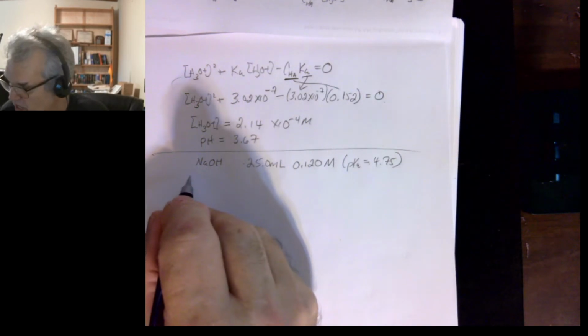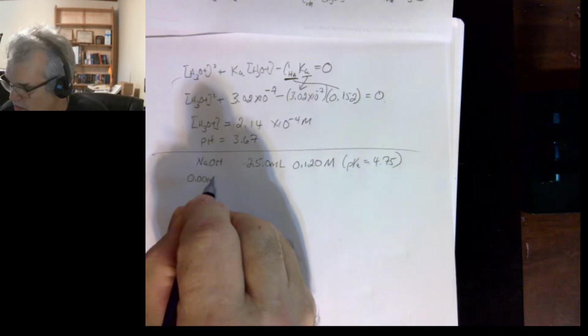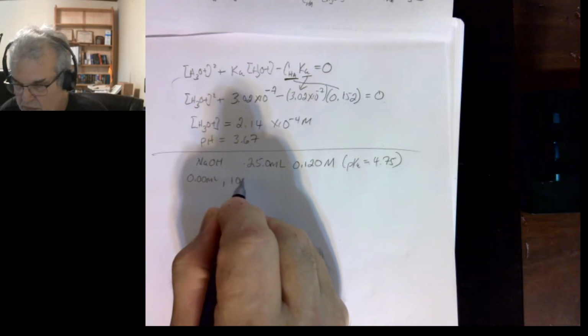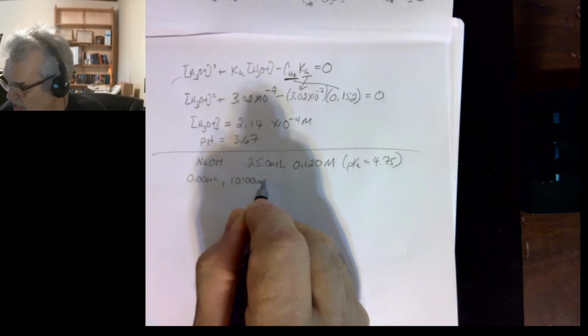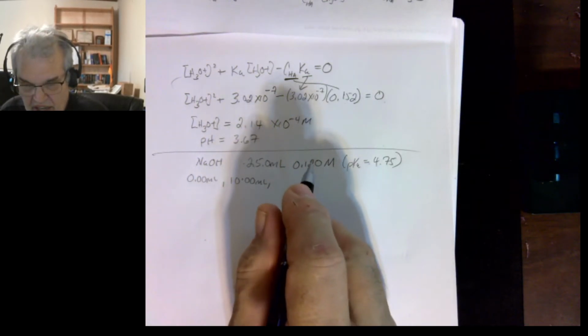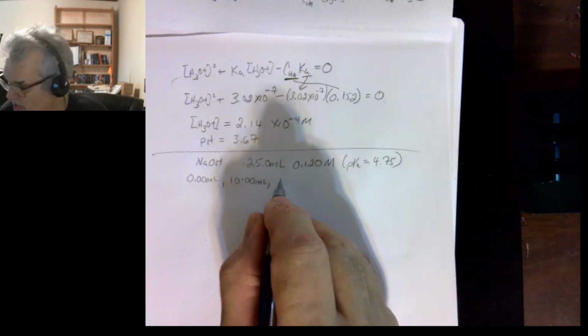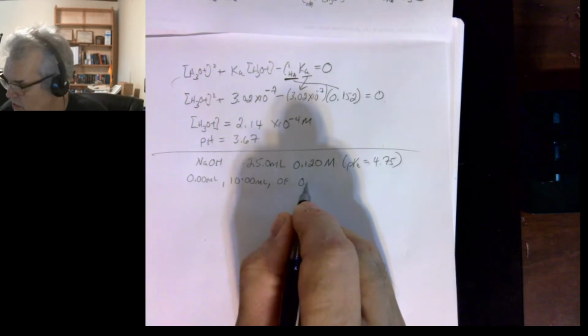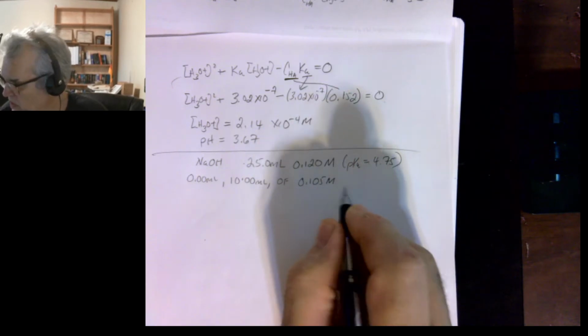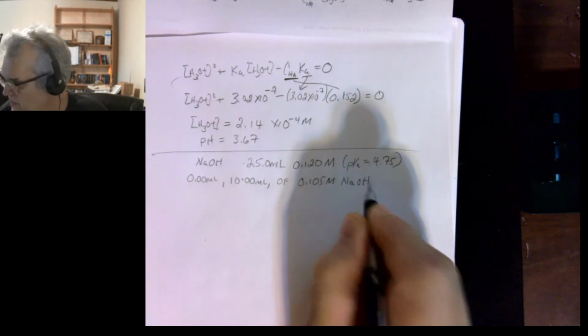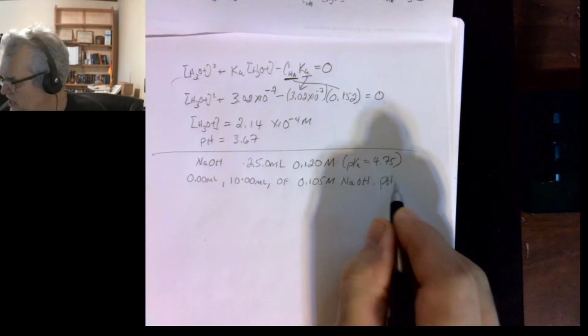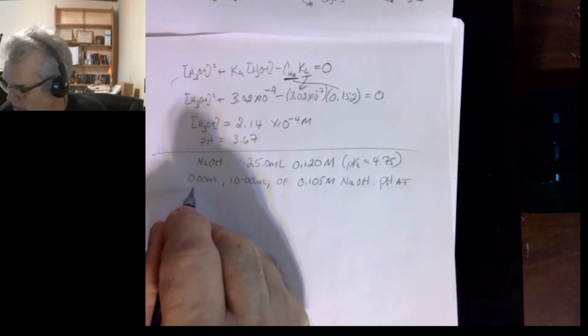And we're going to do additions of 0.00 milliliters, 10.00 milliliters, of 0.105 molar NaOH. And then we want to know what is going to be the pH at the equivalence point.